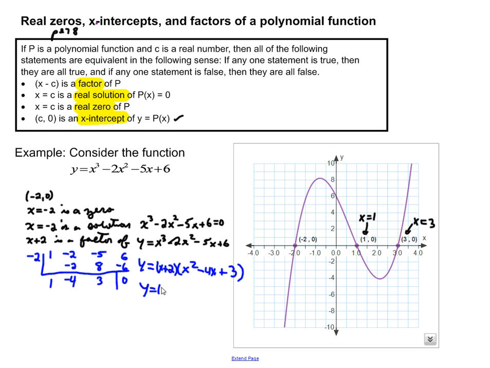X plus 2 would be multiplied by the pair of factors that make up x squared minus 4x plus 3, which is to say x minus 1 times x minus 3, which fits very nicely with the fact that we know that x equals negative 2 is a zero, x equals 1 is a zero, and x equals 3 is a zero when we set the equation equal to 0 itself. Useful information. All right, more to come.